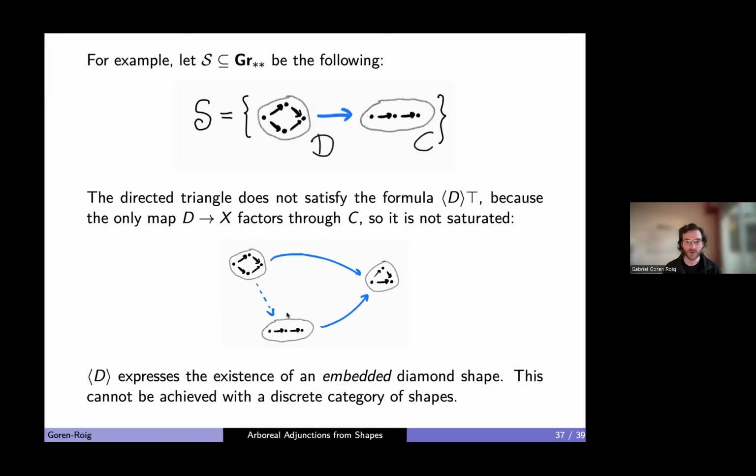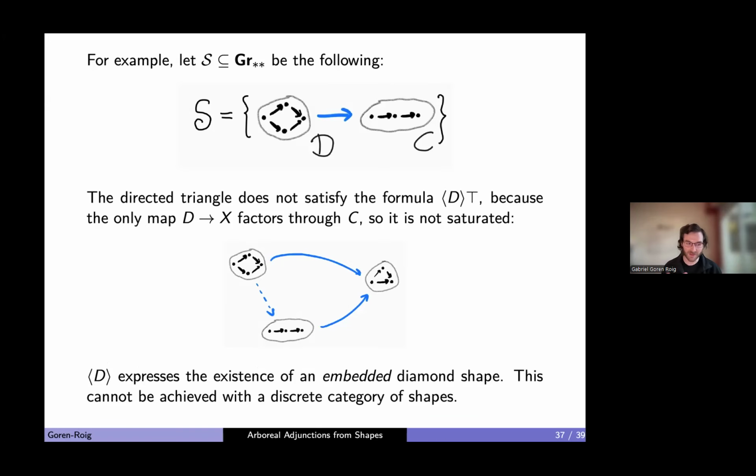And so what is this modality expressing? Well, it is expressing the existence of an embedded diamond shape. We're not just asking that there are two successors with a common successor, which would be a way of expressing the diamond shape. We're actually saying that there are at least two distinct successors with a common successor.